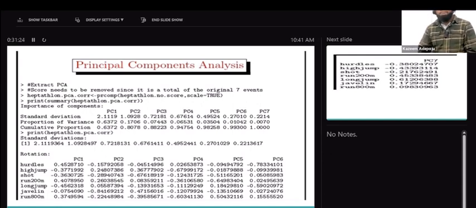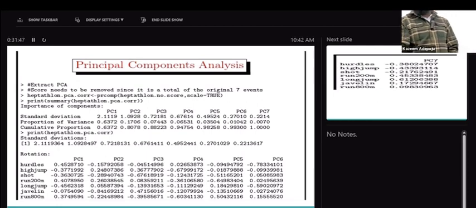Now we take a look at the rotation. Those are the eigenvectors, which you're going to have from PC1 to PC7. Since I've chosen PC1 and PC2, I'm only going to choose the rotation that corresponds to PC1 and PC2.